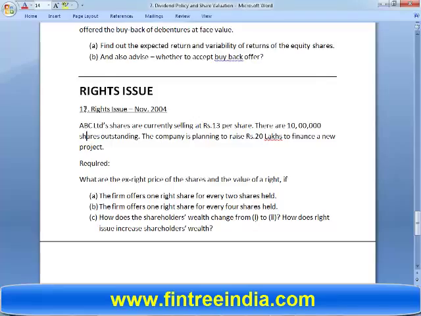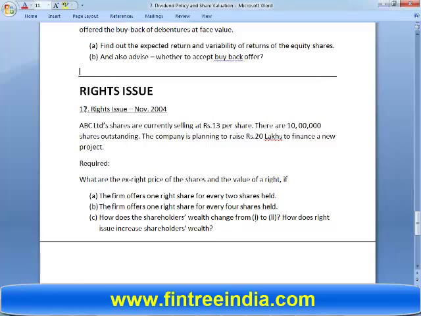The company is planning to raise 20 lakhs to finance a new project. Required: what are the ex-right price of the shares and the value of the right if the firm offers one right share for every 2 shares held, and one right share for every 4 shares held? How does the shareholder wealth change from 1 to 2? How does the rights issue increase shareholders' wealth?